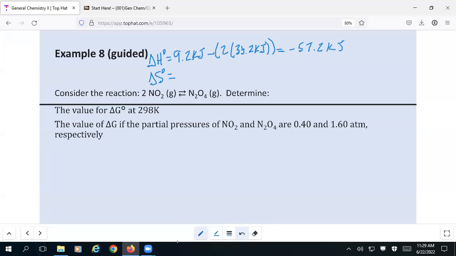And for entropy, N2O4 in the gas phase is 304 joules per Kelvin, and nitrogen dioxide in the gas phase is 240 joules per Kelvin.